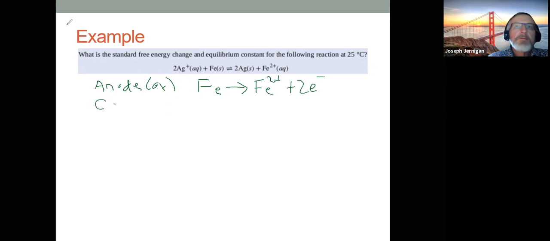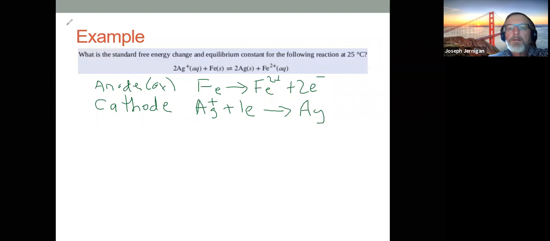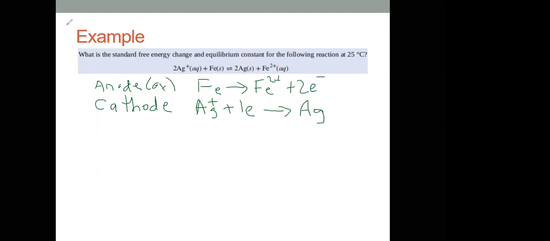The cathode is Ag+ plus 1 electron going to Ag0. Okay. Do you mind explaining why you chose what as the anode and the cathode?